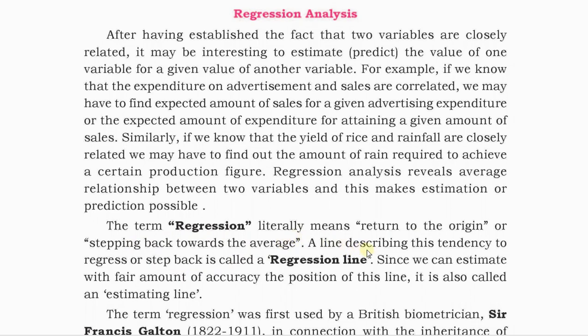A line describing this tendency to regress or step back is called a regression line. So the term regression means returning to the origin, and the graphical line describing this tendency is called the regression line. Since we can estimate with a fair amount of accuracy the position of this line, it is also called the estimating line.